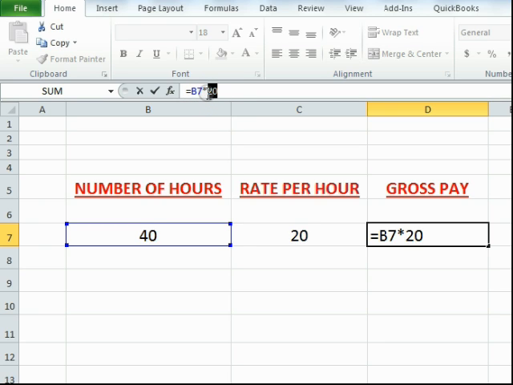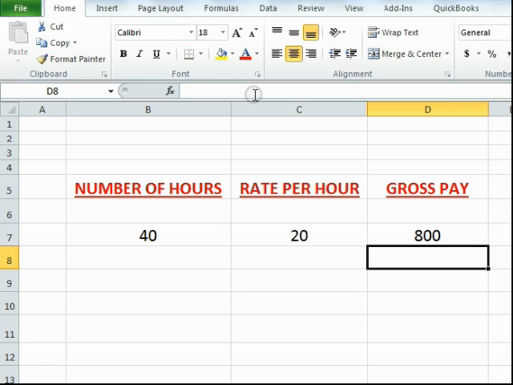I'm going to change the number 20 to the cell holding the number 20, which is cell C7. And as you can see, it turns cell C7 highlighted green, which corresponds to the C7 text that I typed in, or the characters that I typed in the formula bar. Now, when I push enter, the right number will show up in gross pay. As you can see, this is the correct number.